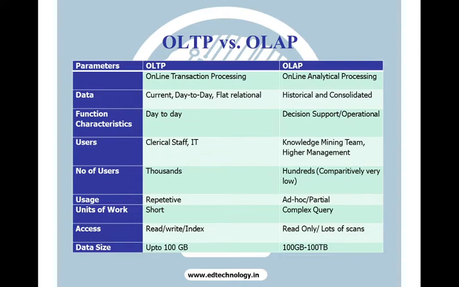It is consolidated data, right? In terms of characteristics, that helps you understand very quickly from the data definition. It's day-to-day data, so the function is that itself. Whereas when we talk about OLAP, the overall function or characteristic is to support decisions.